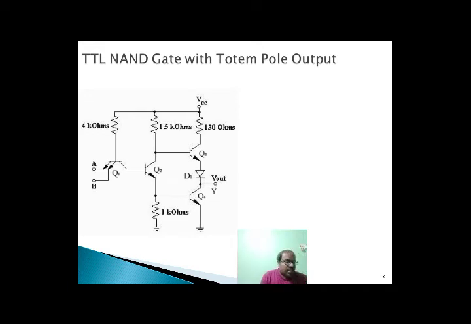The base of Q1 and the resistor R1 form the AND gate, and the rest of the circuit forms the inverter operation. If A or B is low, the base emitter junction of Q1 is forward biased and its base collector junction is reverse biased.